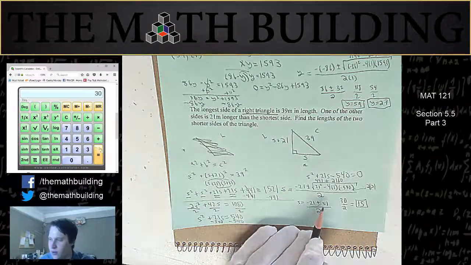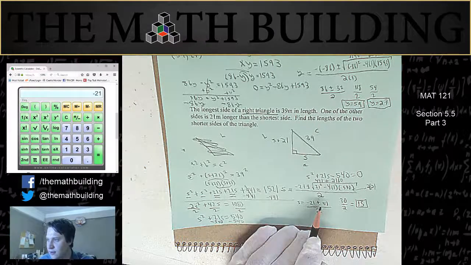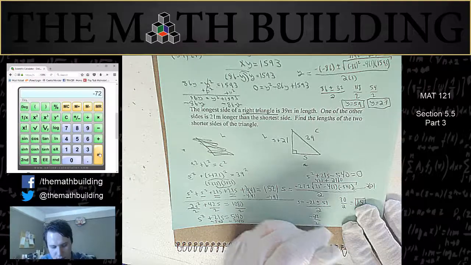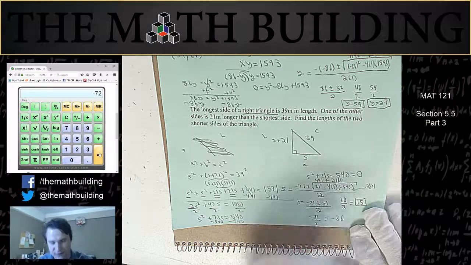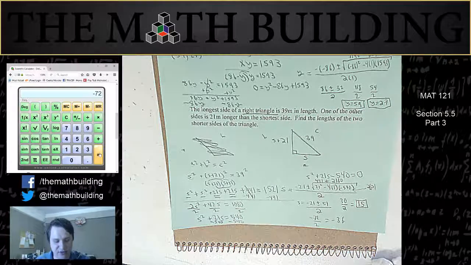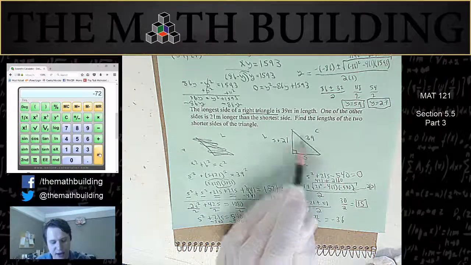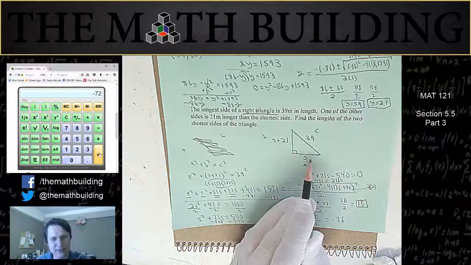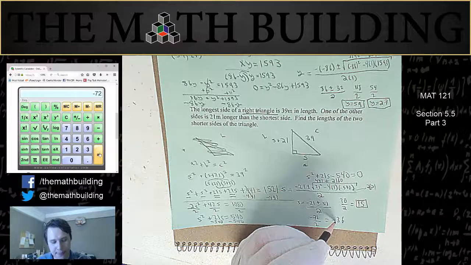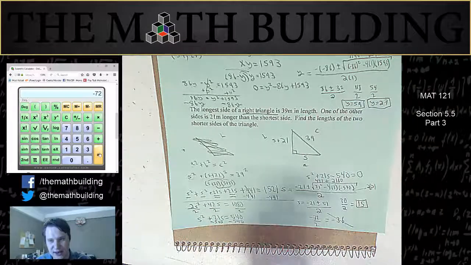Second one is negative 21 minus 51, which is negative 72 over 2, which equals negative 36. So our two solutions are 15 and negative 36. Now, because we're talking about a side of a triangle, it doesn't make sense for a triangle to have a negative length. And so we can omit the negative answer and focus only on the positive answer.